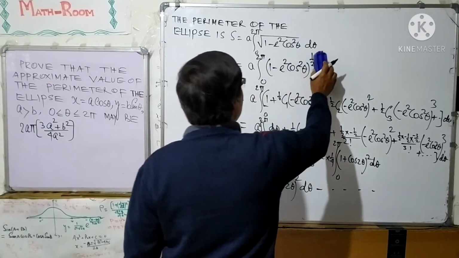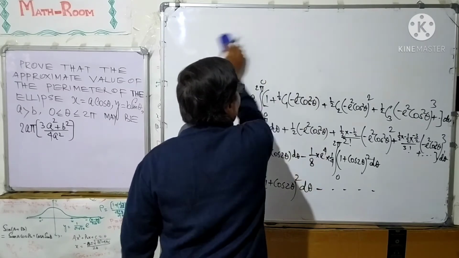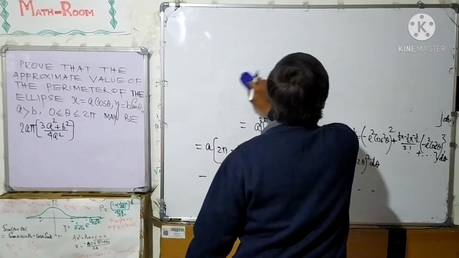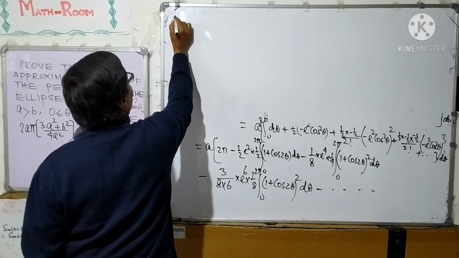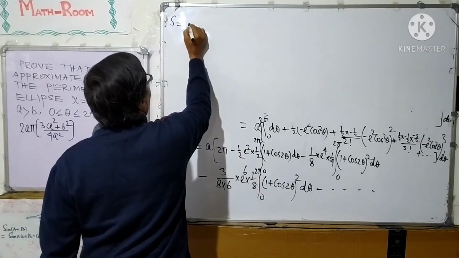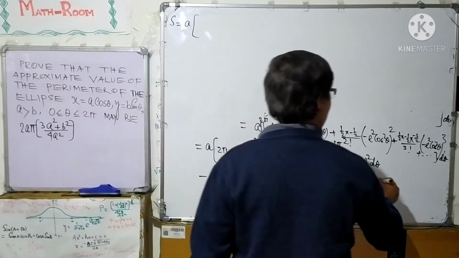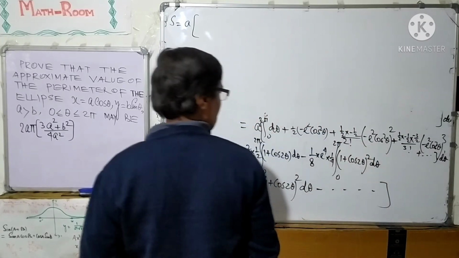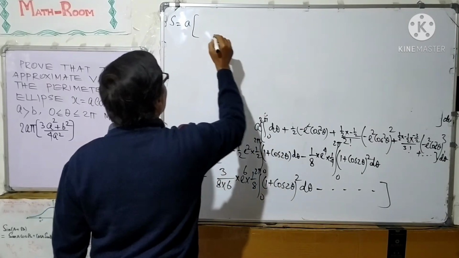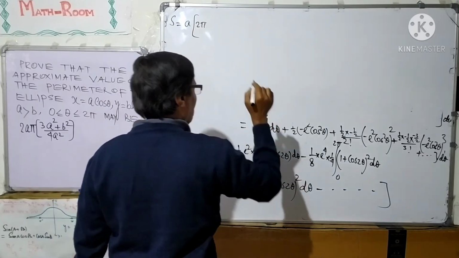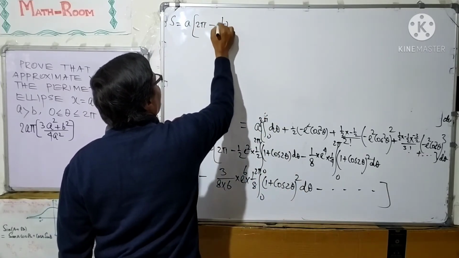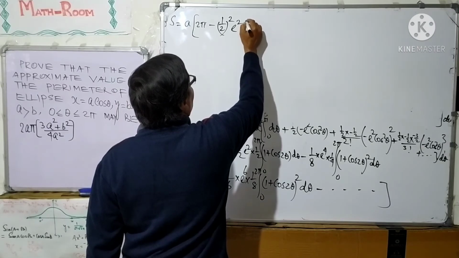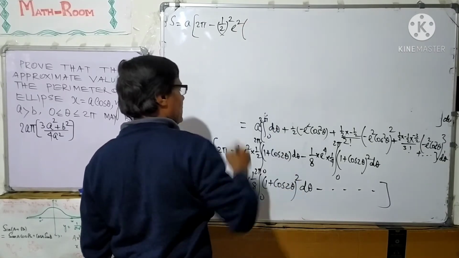So, here S equal to A into also d theta, this is also A into 2 pi minus 1 over 2 square e square d theta integration of d theta.